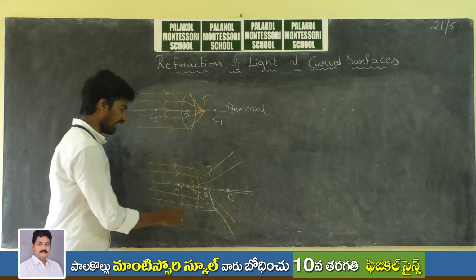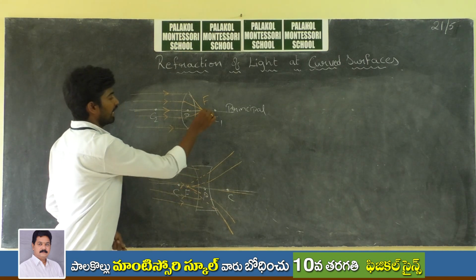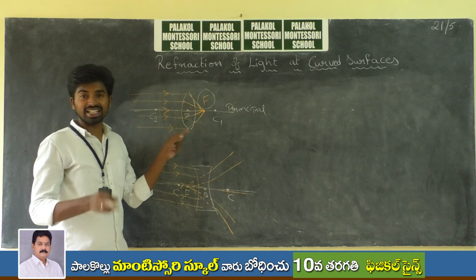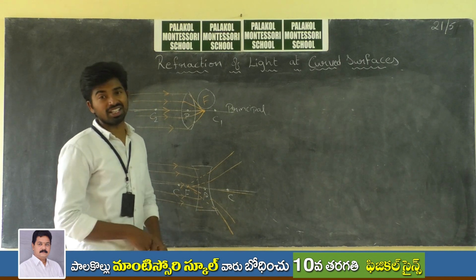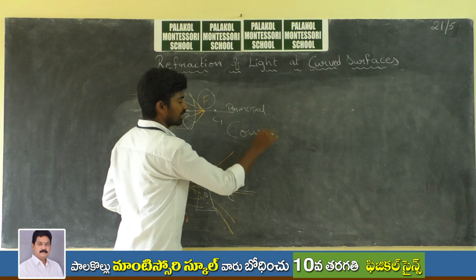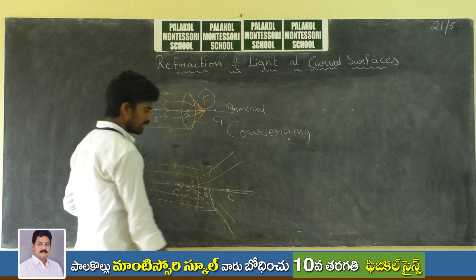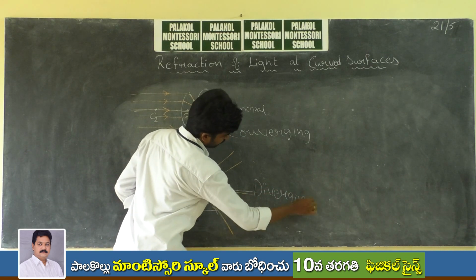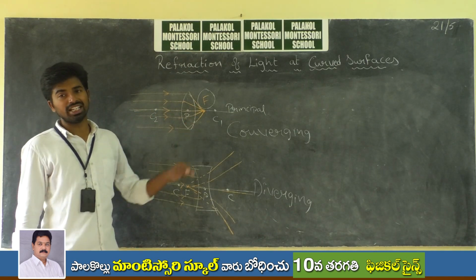And this point is called the focus point. One more important point is that the convex lens can converge the light rays, whereas the concave lens will diverge the light rays. Hence the convex lens is also called a converging lens, whereas the concave lens is a diverging lens.